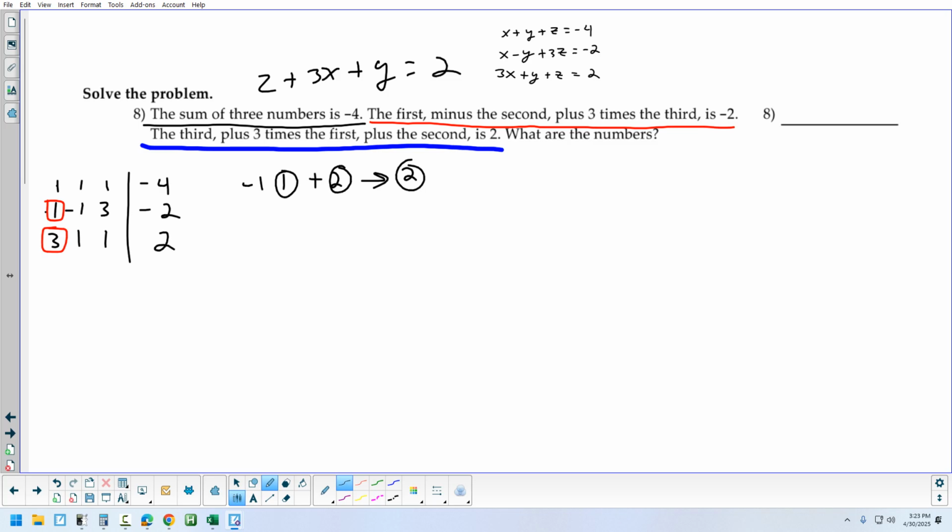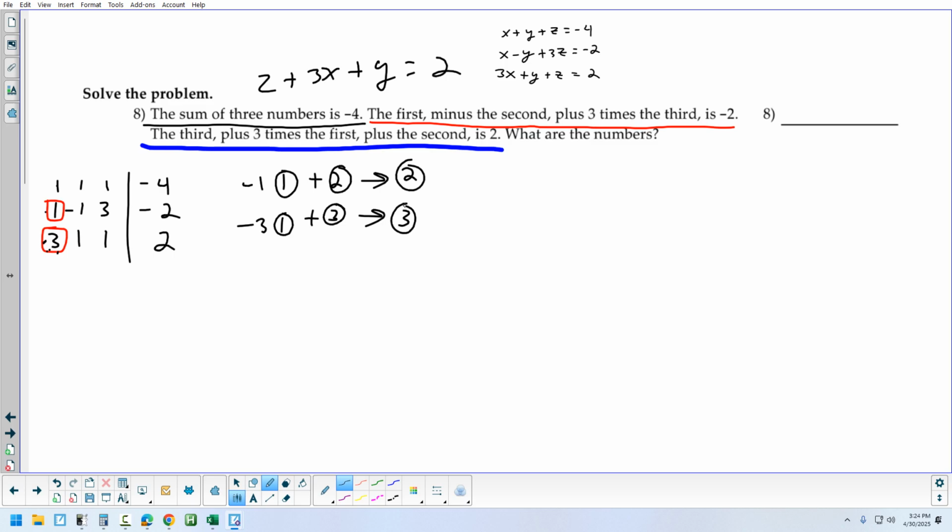Now, if we add the first to the third, do we get a 0 in that spot? No. So what could we multiply the first by to make a 0? A negative 3. Negative 3 times the first plus the third, and we put that answer in the third row. All right, so now let's do that and see what we get.